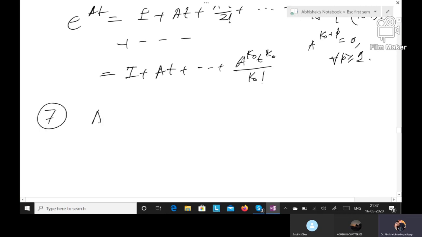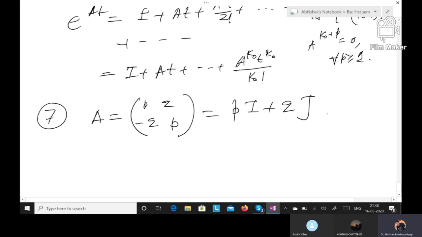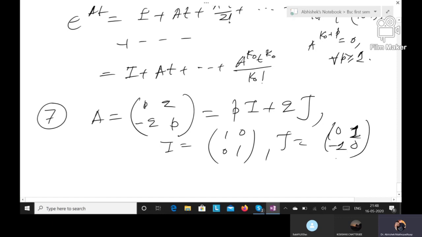the seventh property, such that if A is of the form PQ minus QP, that means if A can be written as PI plus QJ, where I is 1001 and J is 001 minus 10.